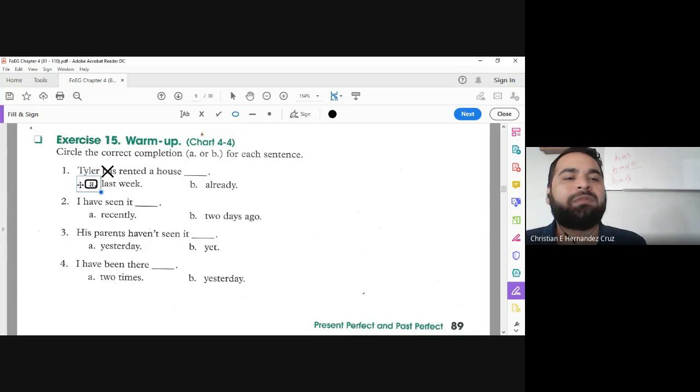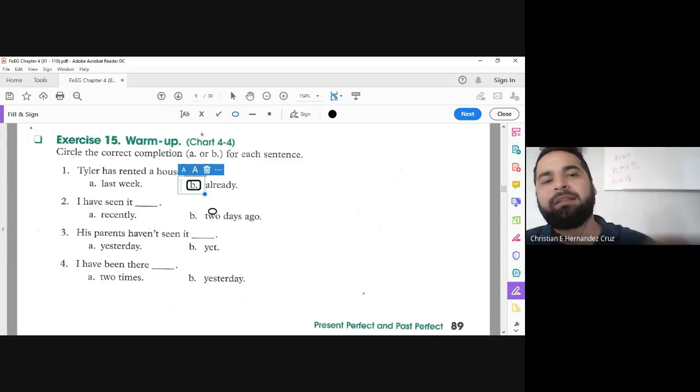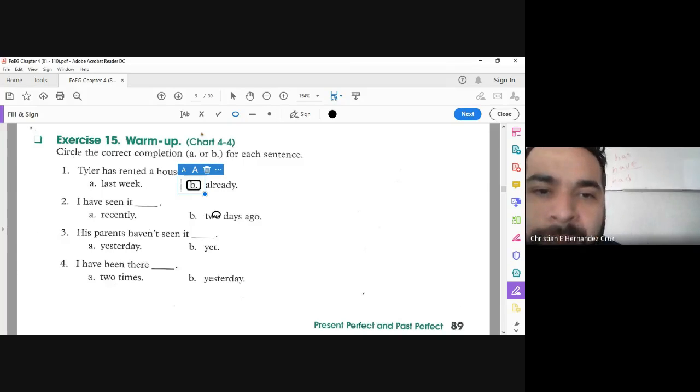I think it would be more fitting. But the fact that we have has here implies that we may need to choose this one instead. Okay. Tyler has rented a house already. Basically it's saying that Tyler had already rented a house.